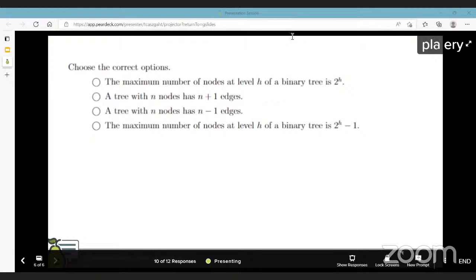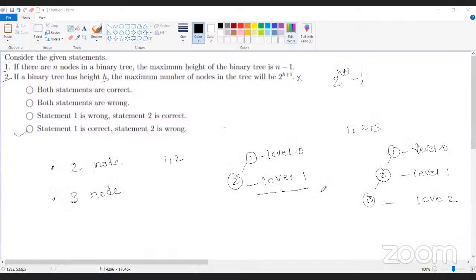Okay, so let me explain each statement. My screen is visible.